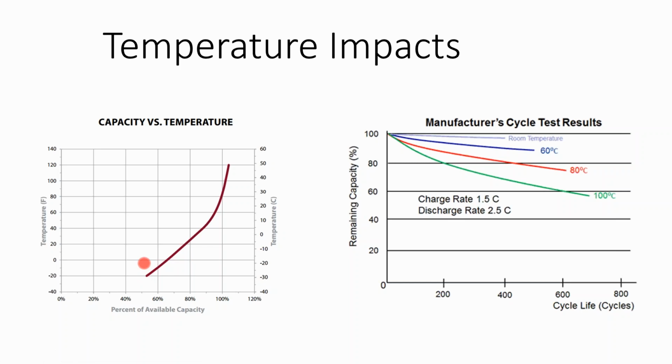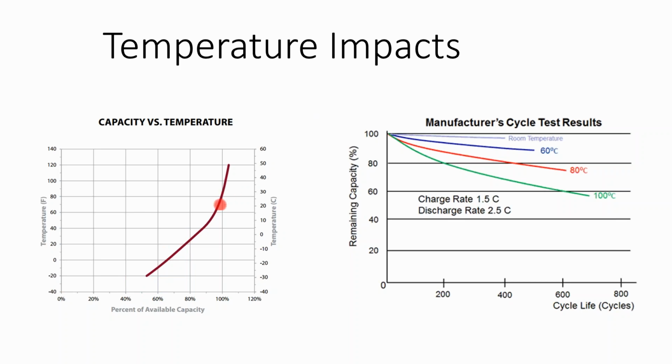And so temperature affects batteries in different ways. Higher temperatures will degrade the battery faster. Colder temperatures will simply reduce the available capacity of the battery because you don't want to discharge it so much that the electrolyte freezes up.